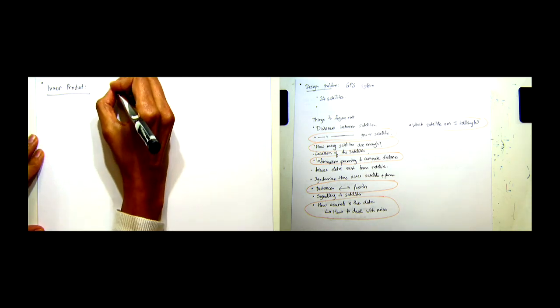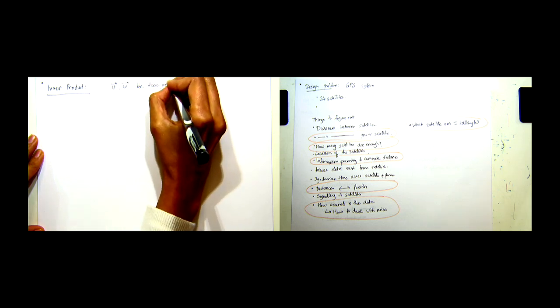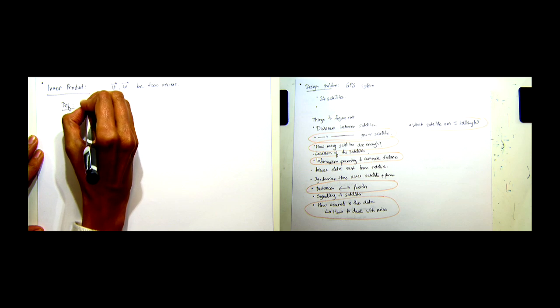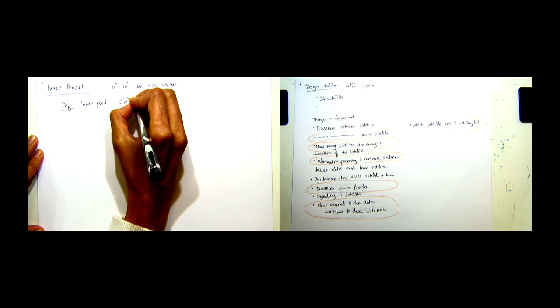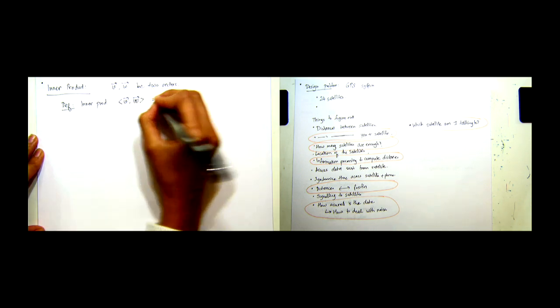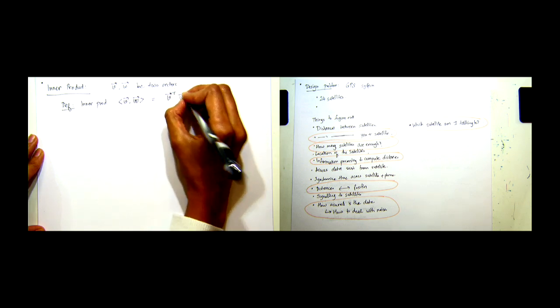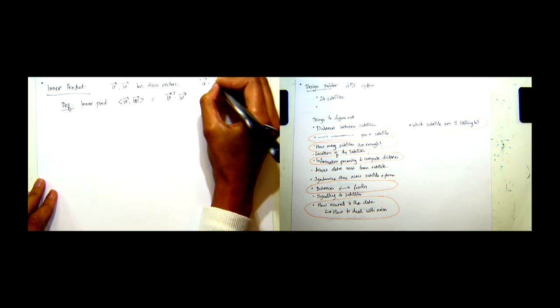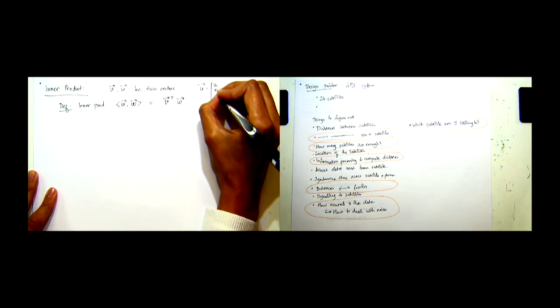Okay, so let V and W be two vectors. And I'm going to define the inner product of V and W as vector V transpose times W. So let's say V is a vector made of the elements V1, V2, all the way up to Vn.